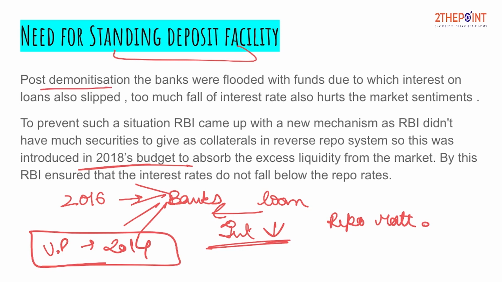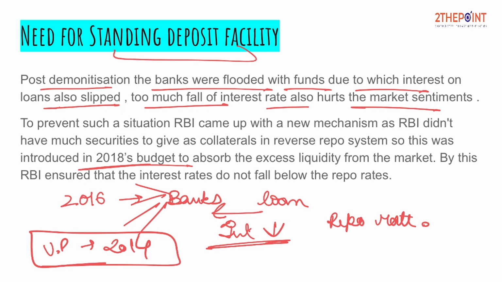Post demonetization, the banks were flooded with funds, due to which interest on loans also slipped. Too much fall of interest rate also hurts market sentiment, as there is so much disbursement of money as loans that inflation started picking up, which RBI never wants.